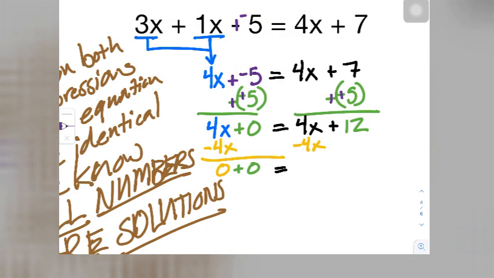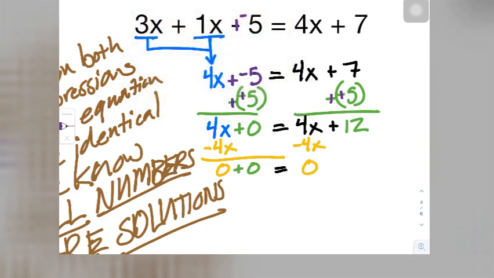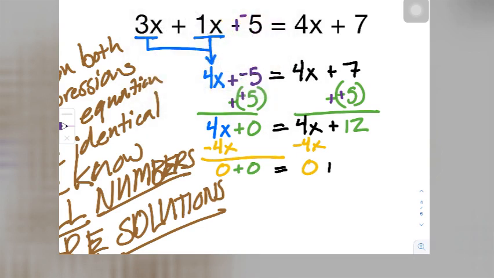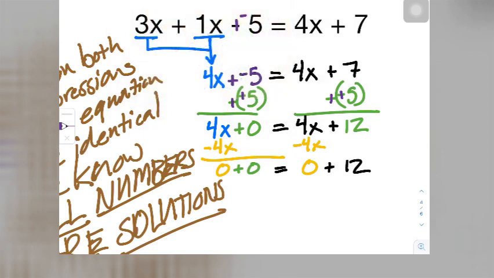And then negative 4x minus 4x over here, we have 0 plus 12. Now, is this a true statement? We need to look at this. When I'm looking at this, I know that 0 plus 0 equals 0, and 0 plus 12 equals 12.